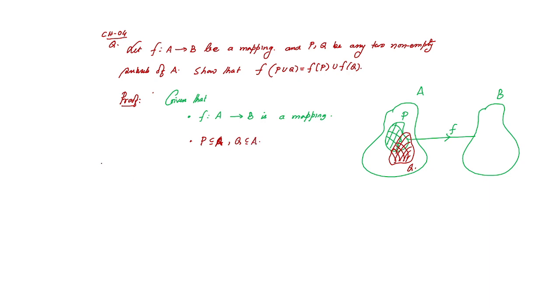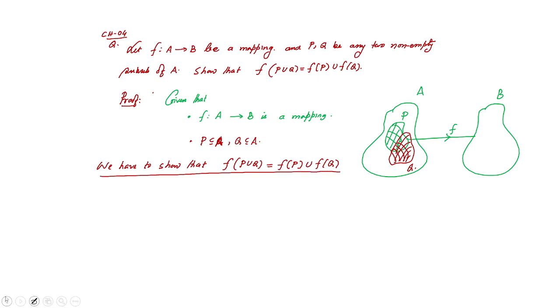So what we have to show here is that f(P union Q), that means the image of P union Q, will be the union of the image of P and the image of Q. Now the question is how to prove this kind of problem.